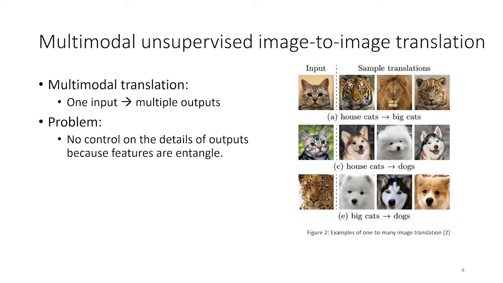So an unsupervised image-to-image translation model should be able to generate multiple outputs from a single input image. Many neural network architectures have been proposed for this task, but they have the same drawback, which is the lack of control on the features of the output. In other words, there's no relation among the outputs, so we have no control on the outputs. In our work, we focus on disentangling these features.